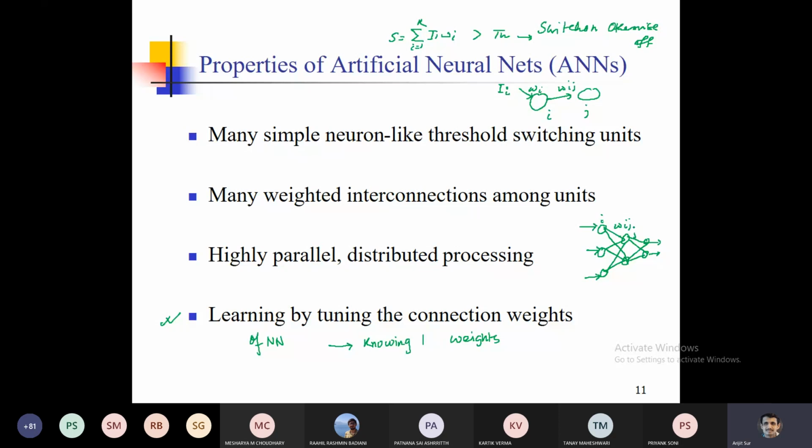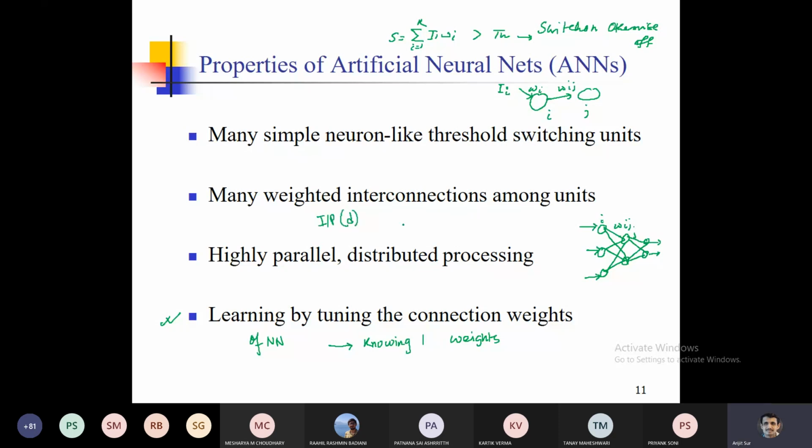Now, these weights are such that, in a supervised setting, we have an input vector, let's say a d-dimensional vector.